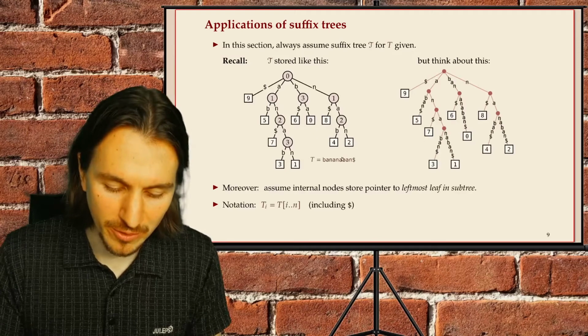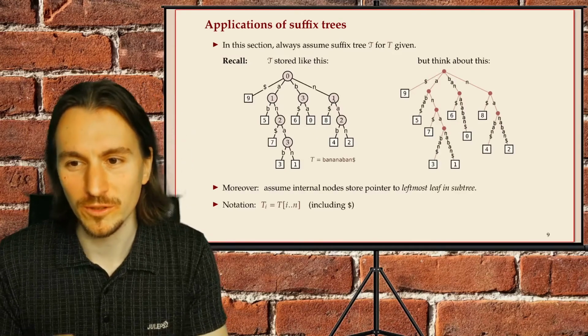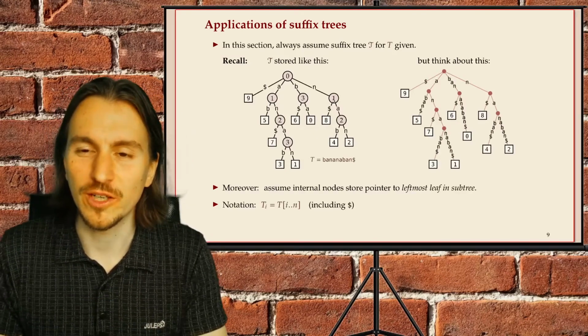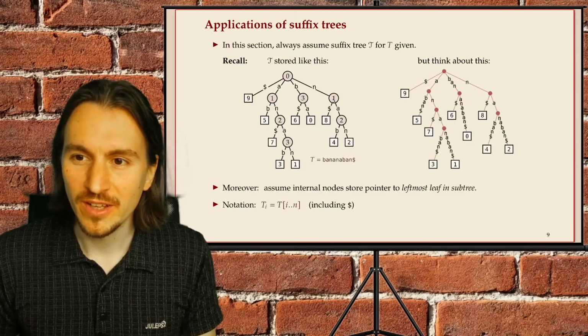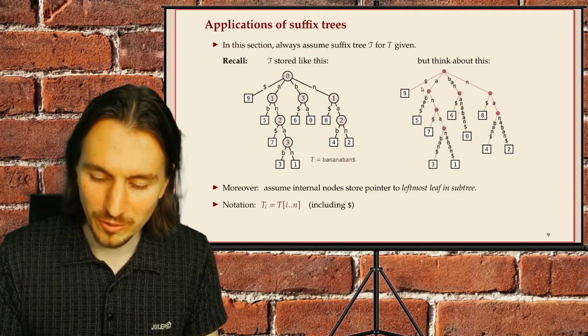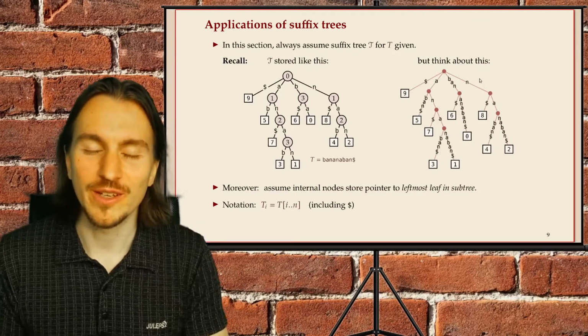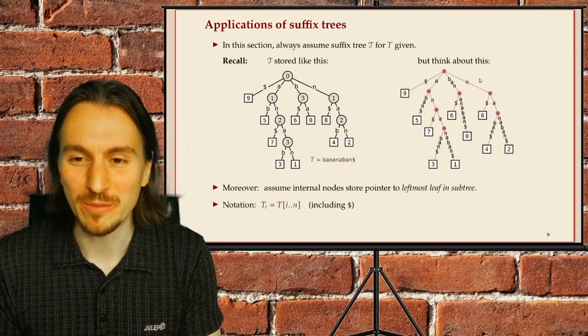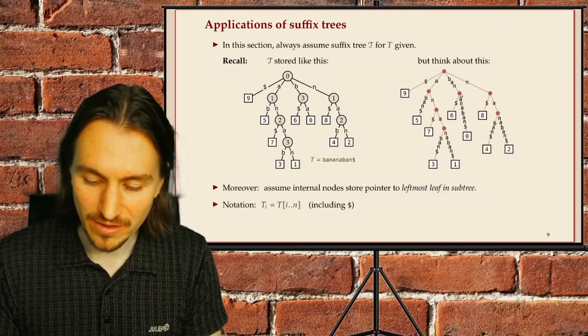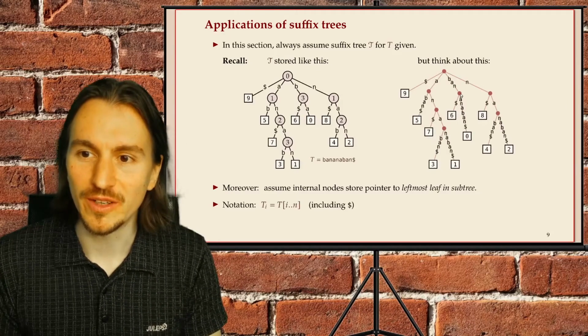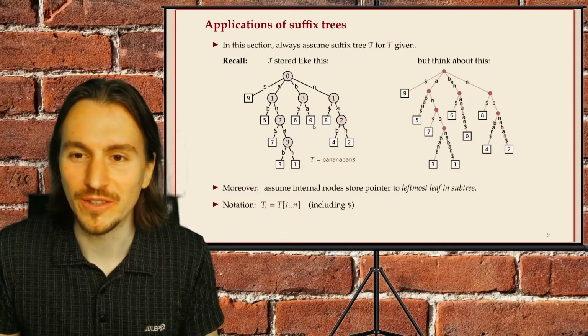It's actually represented in the computer like this, and this will be important to make sure that the space works out. But for working with them, we will just pretend that this is what we have, and in a second step, we can think about how to simulate anything that these labels can do in the way they're actually stored in the tree.